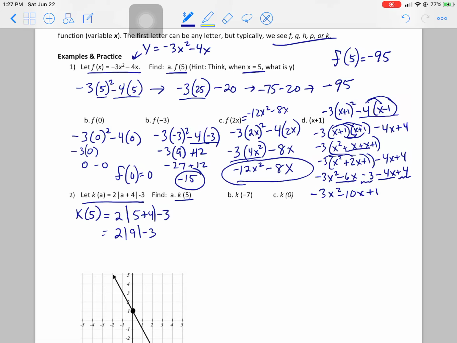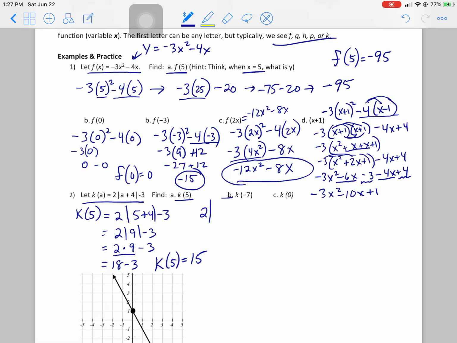Absolute value of positive 9 is a positive 9. 2 times a positive 9 minus 3. So I must do that first. We didn't touch that negative 3 all the way down. And apparently k of 5 equals 15.